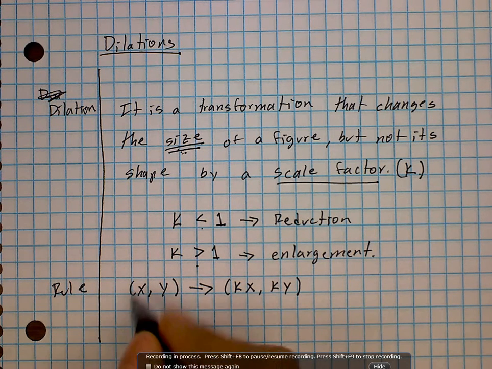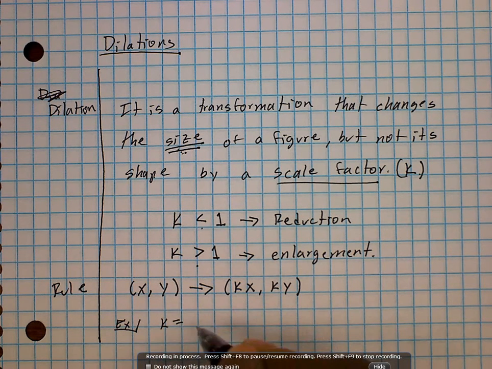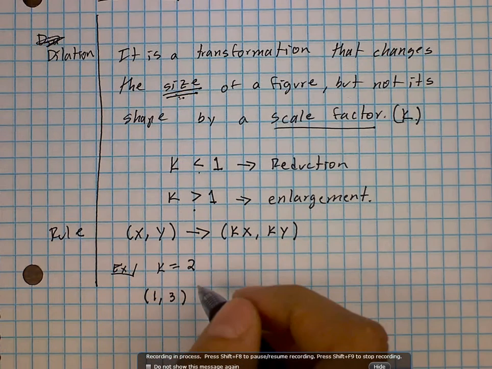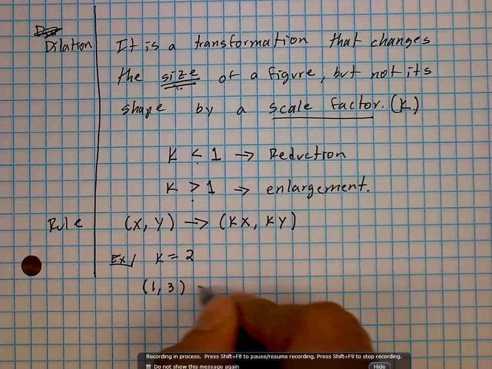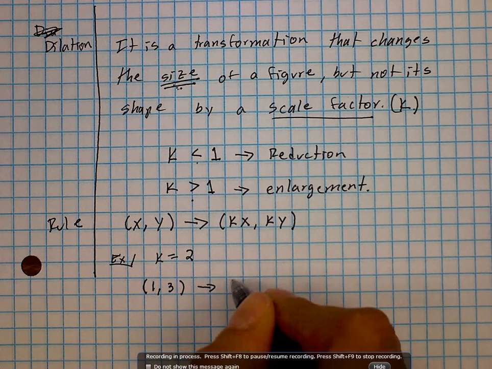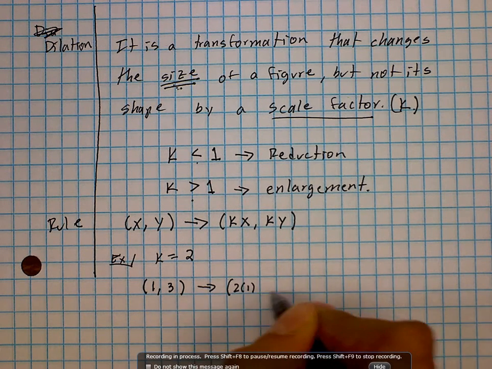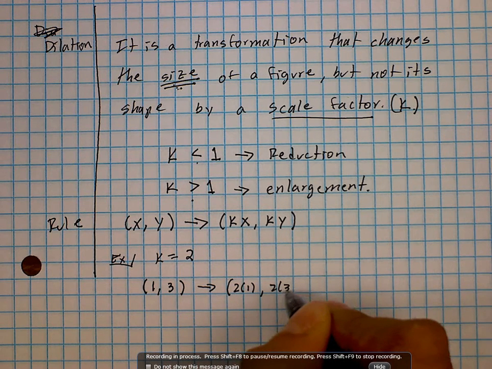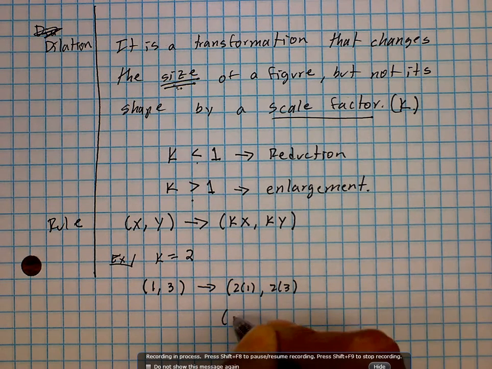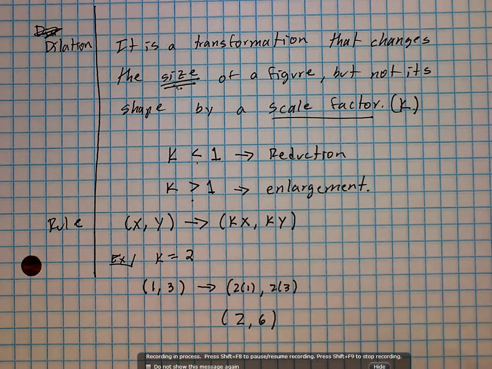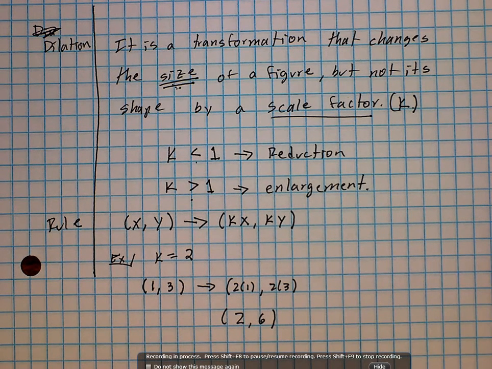A quick example: let's say k is equal to 2, and the point is (1, 3). The scale factor is 2, so we do 2 times 1 and 2 times 3. So the new point is going to be (2, 6). All right, so that is a quick example.